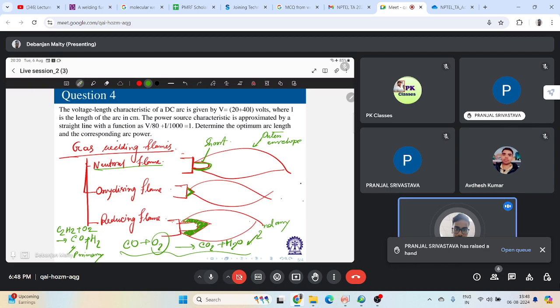Let's say this is positive and this is negative. I will be coming to that. This is DC, and this is my power source. Right? This is a simple schematic of the circuit diagram of what is happening in your welding.